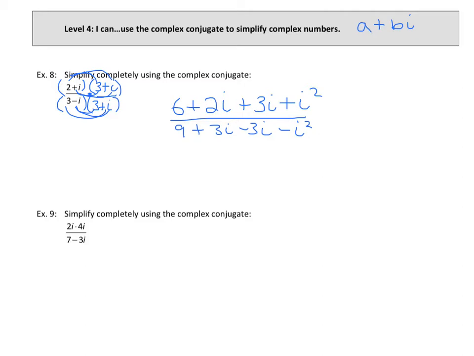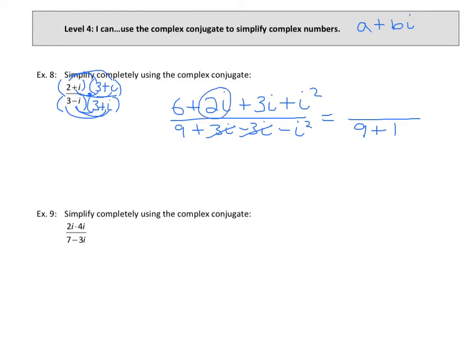Now on the bottom, your middle two terms should cancel out. And this last term, negative i squared, remember that i squared is negative 1. So we get 9, and negative times negative 1 is going to be positive 1. So 9 plus 1 on the bottom. And on the top, we can simplify a little bit too.